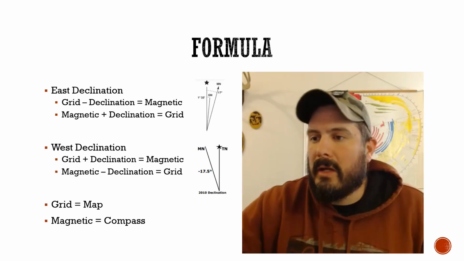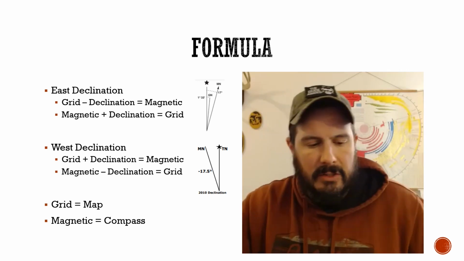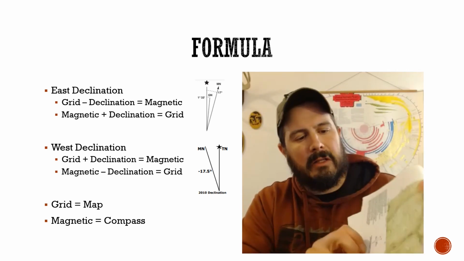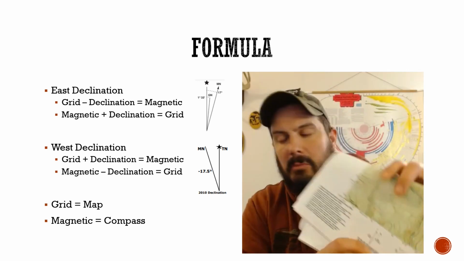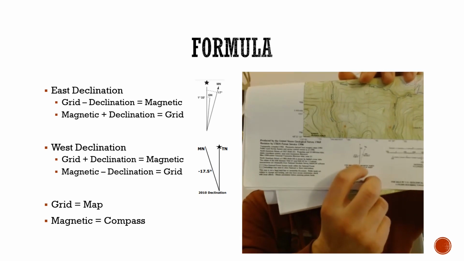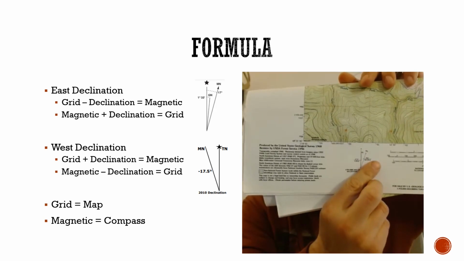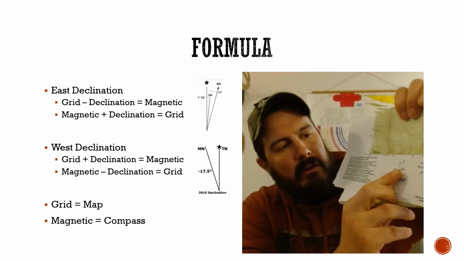Okay, we've got a couple formulas here. If you've got an east declination, so I live and have pretty much always been in a part of the United States where it's been east declination, the west coast, it's going to the right side of true north.